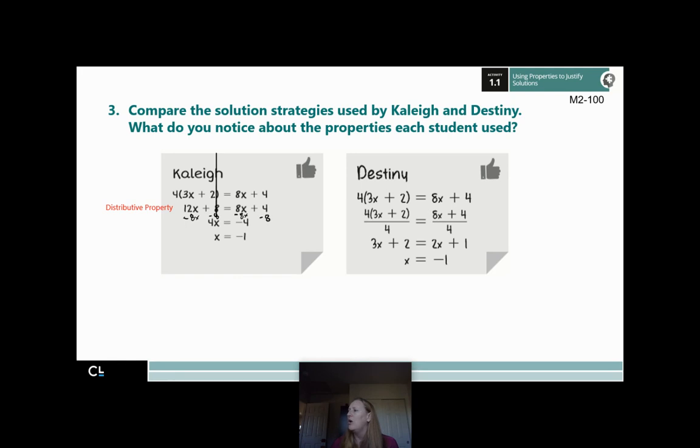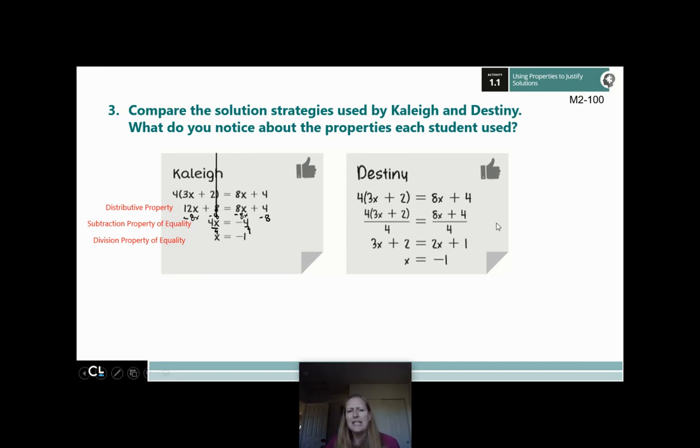So she went wild with the subtraction property there. So it's definitely the subtraction property of equality. And last but not least, the last thing she did to get x alone was dividing by 4, which is the division property of equality. Good for you, Kaylee.